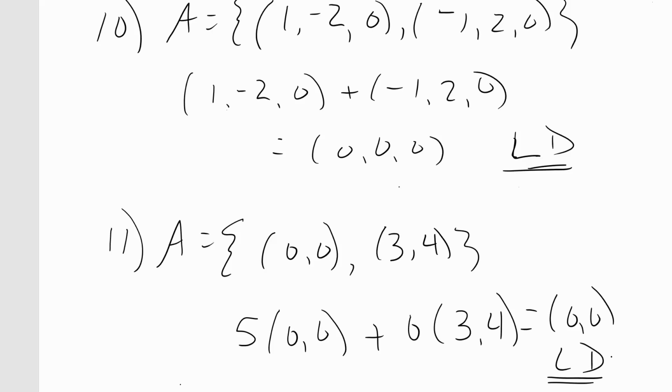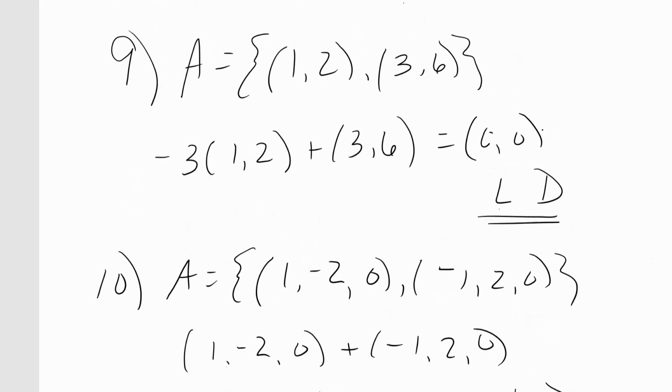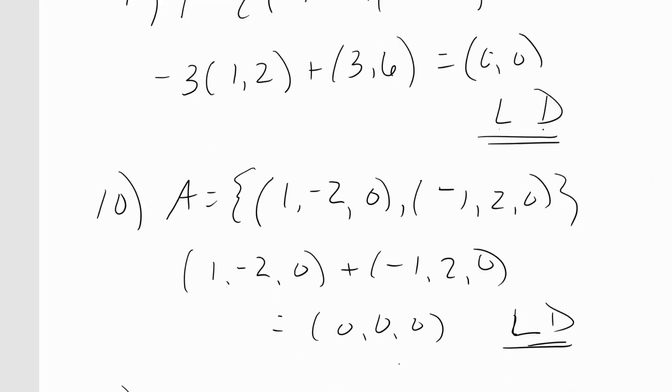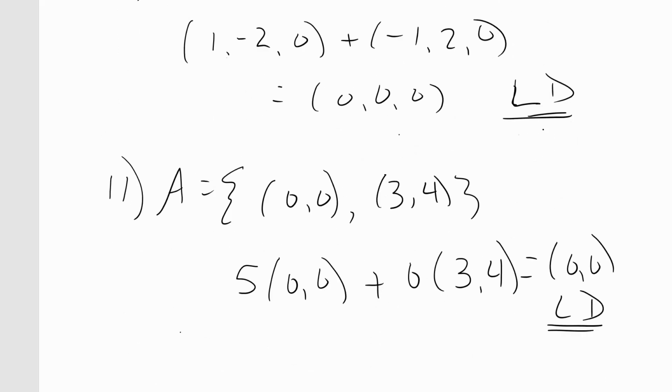So that makes it linearly dependent, since I did something other than 0 times the first one plus 0 times the second one and got (0, 0). So from these, hopefully you can see that if you're ever given a set of vectors where one of them is a multiple of the other, it will always automatically be linearly dependent.